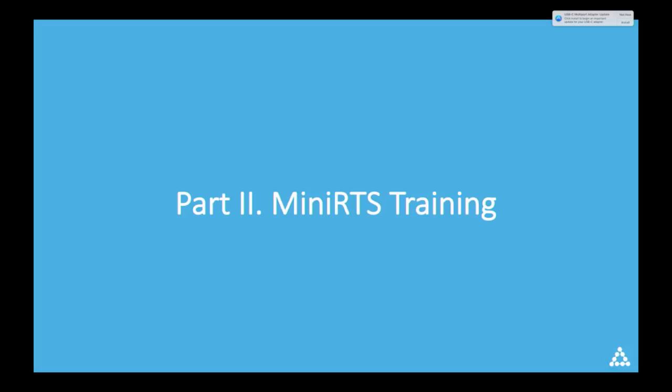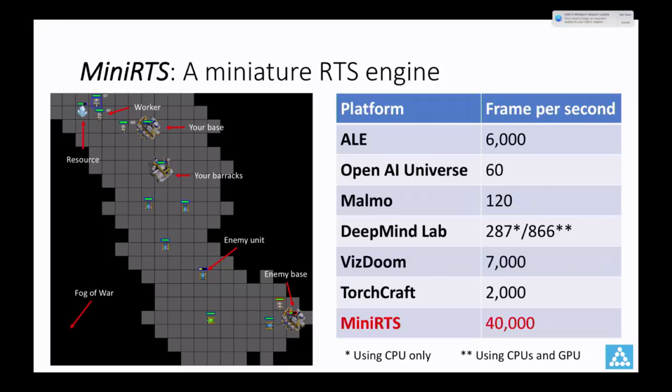As a proof of concept, we show the usability of our framework in a miniature real-time strategy game called Mini-RTS. Mini-RTS is a small game that captures the basic dynamics of real-time strategy games. This includes gathering resources, building workers, building units, exploring unknown territories, defending against the opponent's attack, and taking down the enemy.